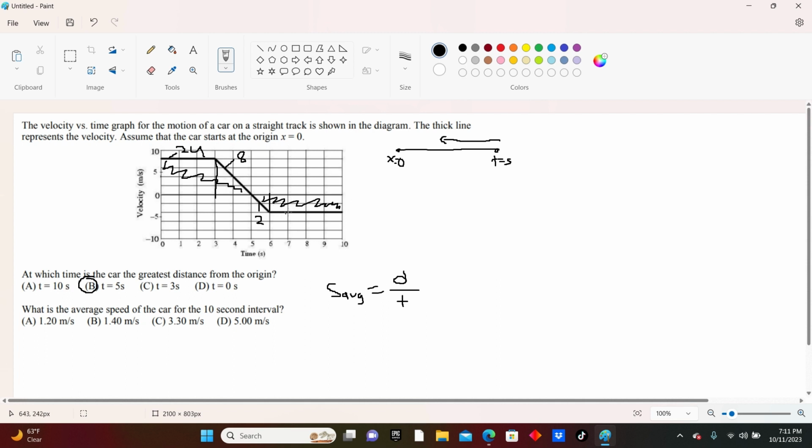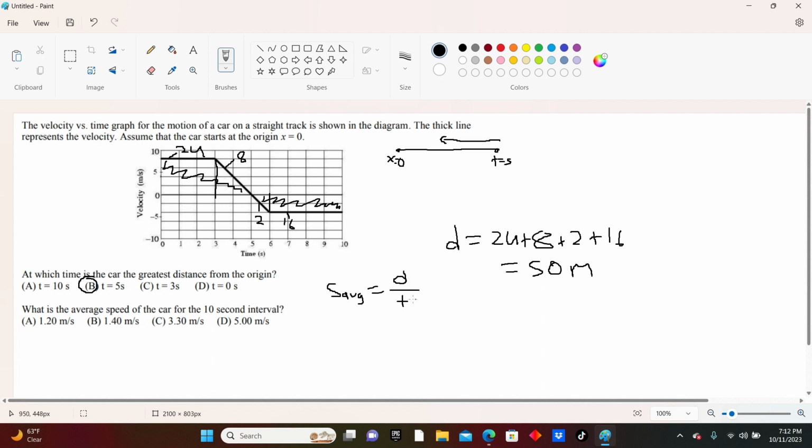And this rectangle here is equal to 4 times 4, which is 16. So our distance is equal to 24 plus 8 plus 2 plus 16, and this equals 50 meters.